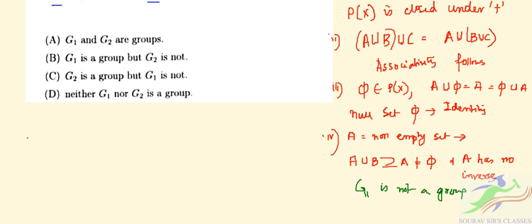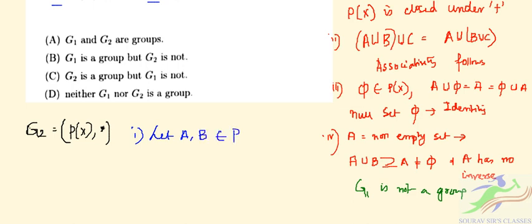In this case, G2 is equal to the power set of X with the star operator. Similarly, let A and B be elements in the power set P(X). Then A intersection B is also an element in the power set P(X).